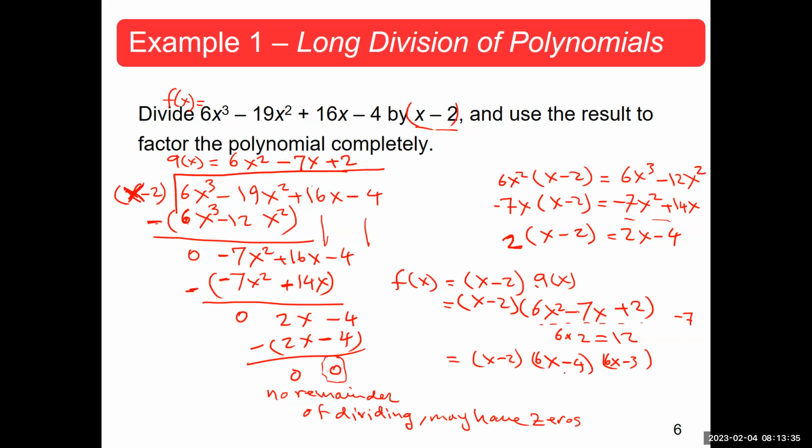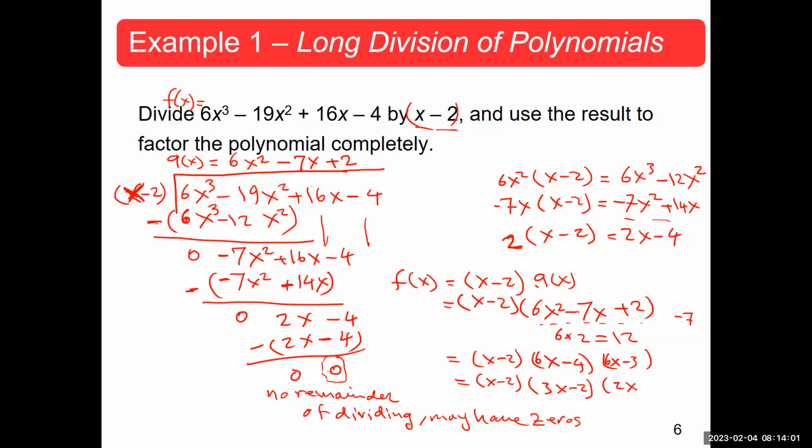Well, with this method, you have to factor out any number and get rid of it, because this is an intermediate step. This is not the final step. So x minus 2, I'm going to factor out the 2 from here. I get 3x minus 2. Then factor out also the 3 from here.